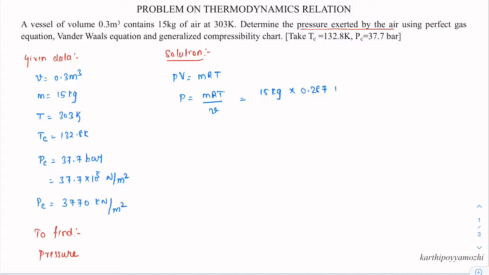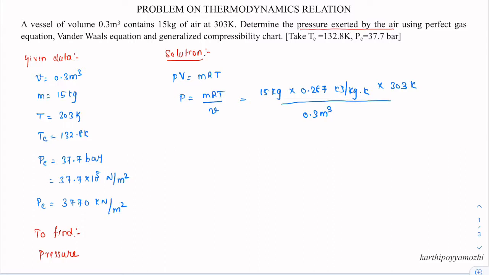and R is the gas constant for air, which is 0.287 kilojoule per kg Kelvin, and temperature is 303 Kelvin divided by the volume, 0.3 meter cube.